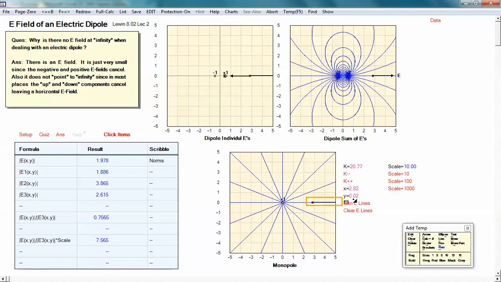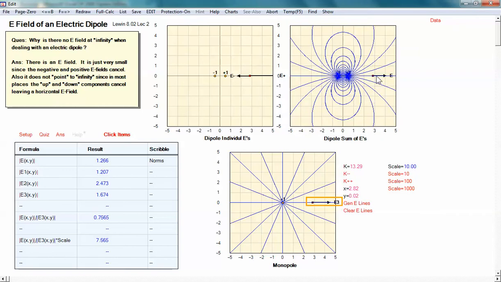Let me scale these a little bit so we can bring them both in. They're certainly pointing in the same direction. This one's smaller than that one, and you can see why it's smaller, because again you have canceling. You have one vector pointing in the positive direction, one pointing in the negative. You put them together, you're going to end up with something less than both of them.